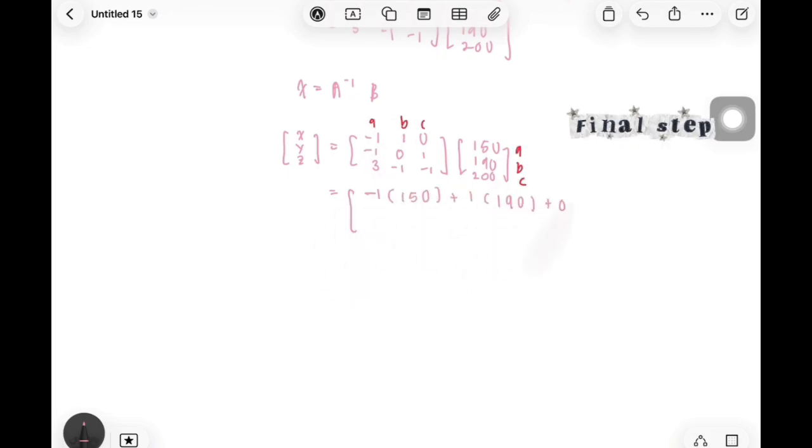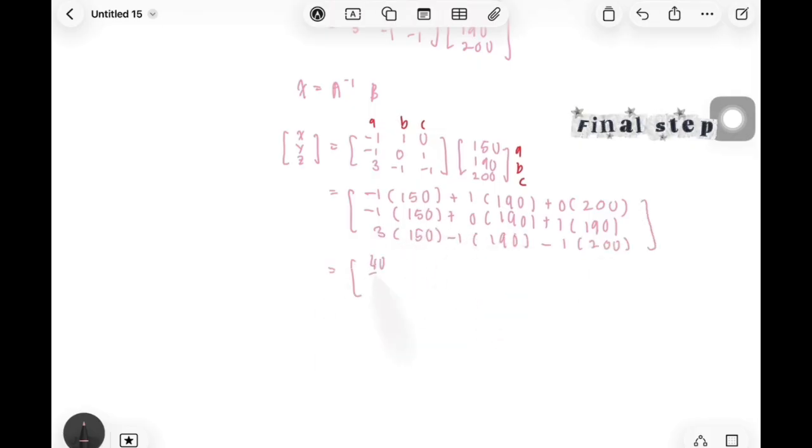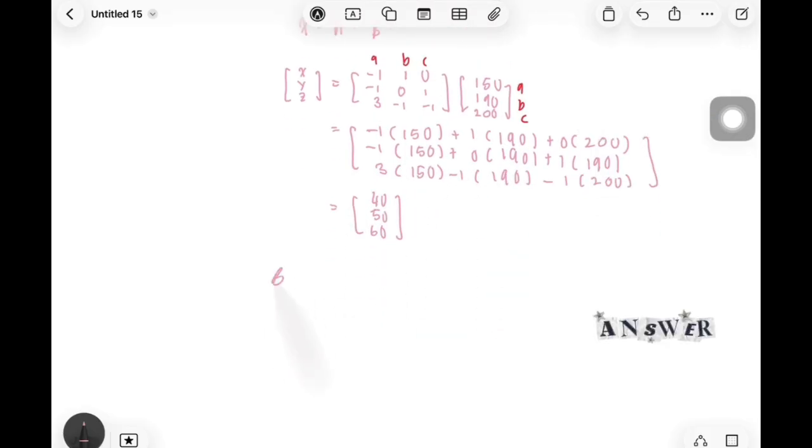Final step: put in the formula A inverse B. So this is our final answer.